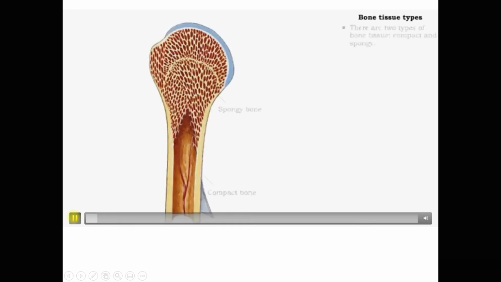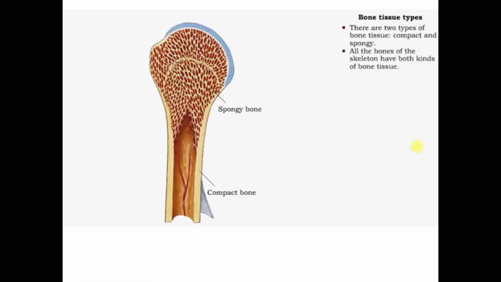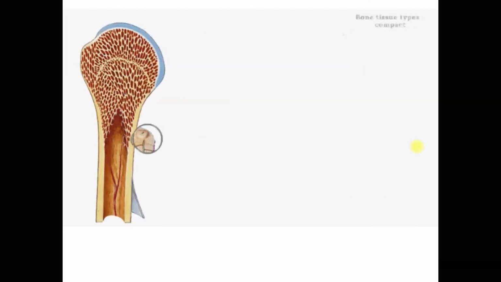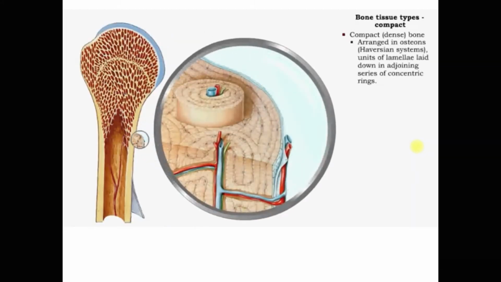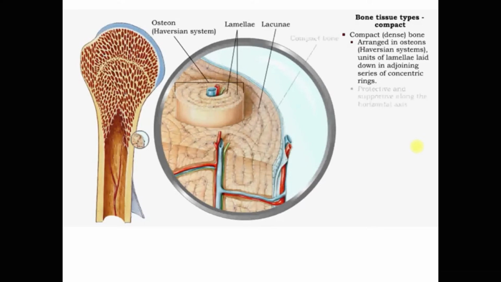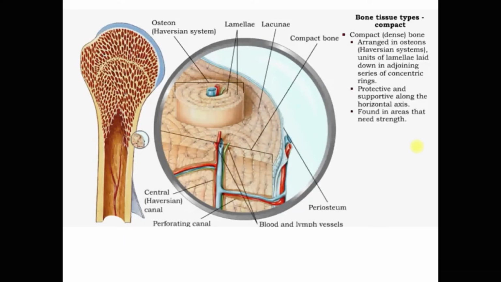There are two types of bone tissue, compact and spongy. All of the bones of the skeleton have both kinds of tissue. Compact bone tissue is arranged in osteons, also known as Haversian systems. Osteons are formed where lamellae are laid down in a joining series of concentric rings. The tissue is protective and supportive along the horizontal axis.